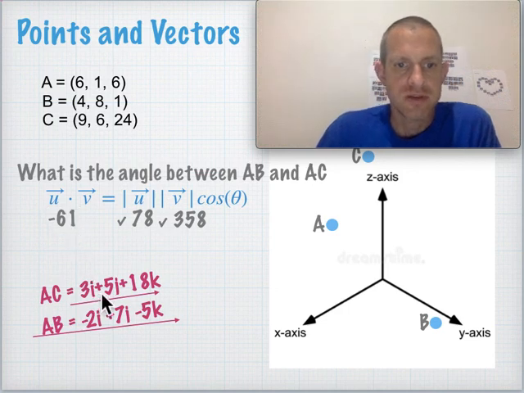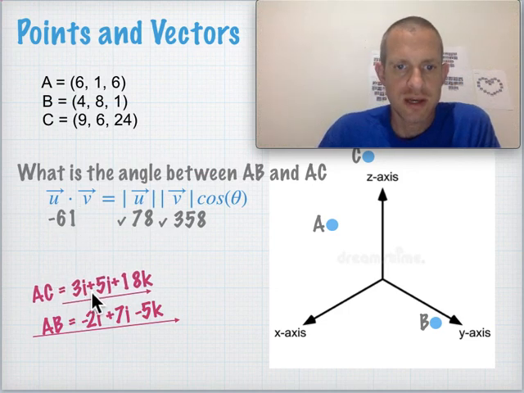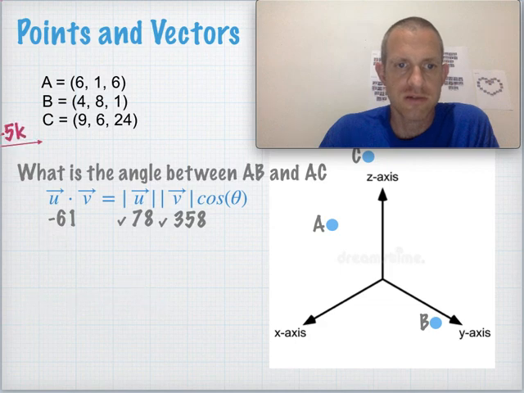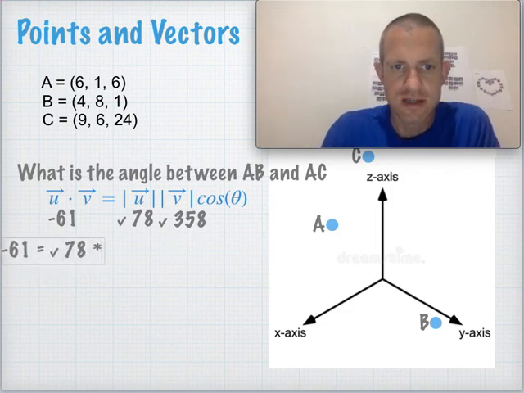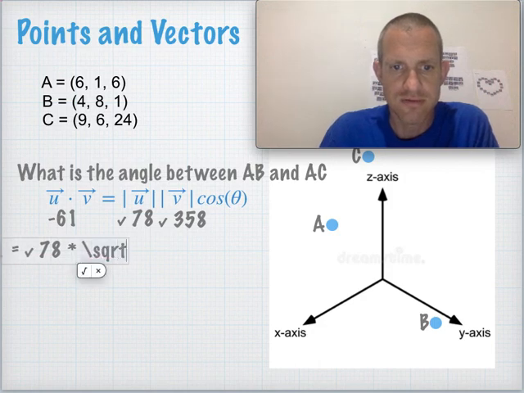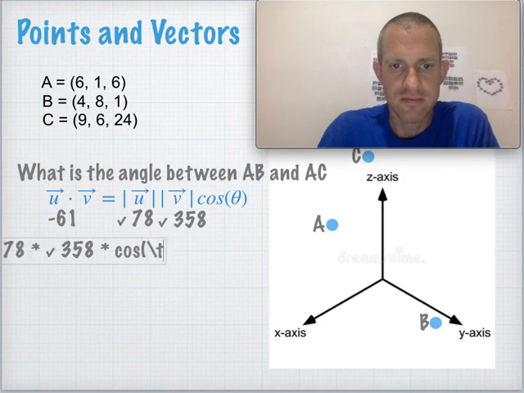So putting all this together, we have an equation that we can solve. It's only got one variable in it, theta. That equation is -61 equals the square root of 78 times the square root of 358 times the cosine of theta.